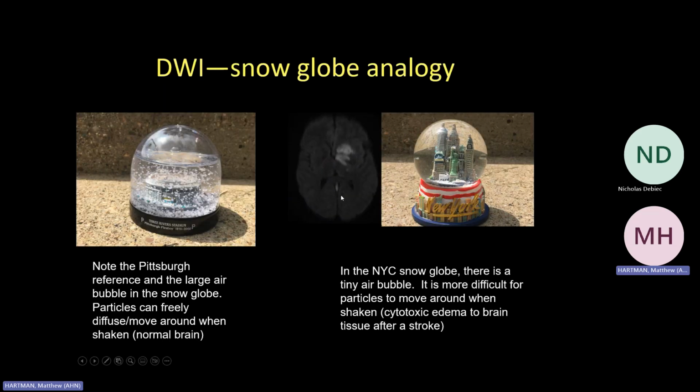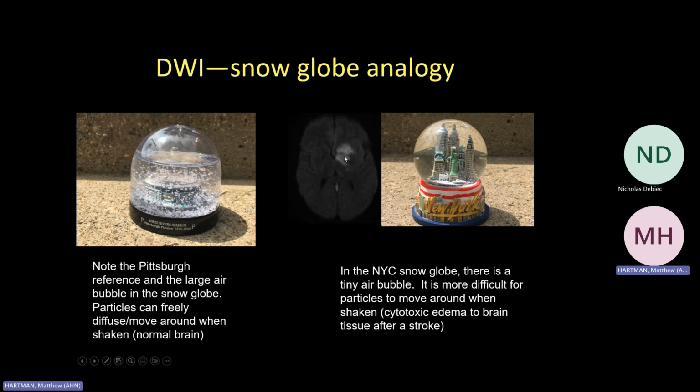What exactly does that mean? I think I stole this from somewhere else, but this is the best analogy I found to explain it to med students, a snow globe analogy. You think of a snow globe with the particles, you shake it up, it moves around. It helps that we have a nice air bubble here that lets more space so the stuff can diffuse around. Now, if you have no air bubble and you shake it up, it's not going to move around as easily.